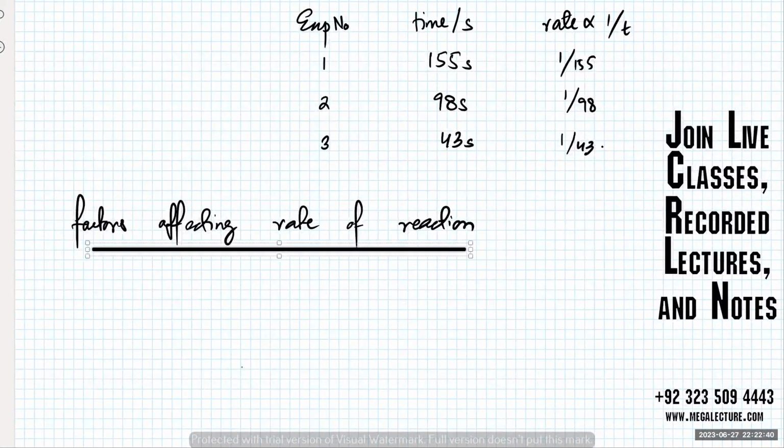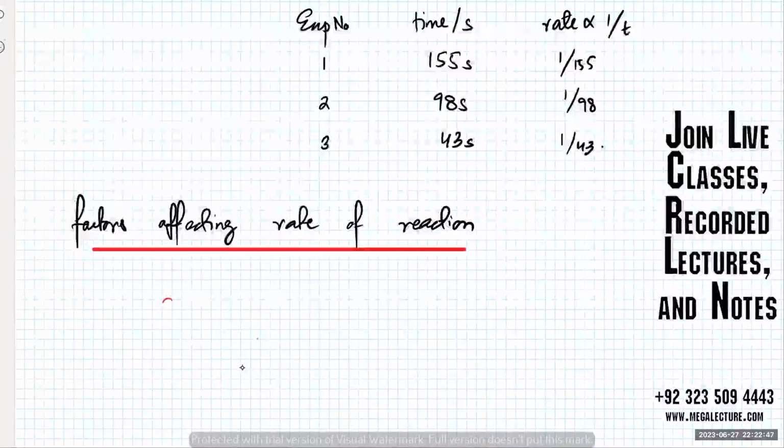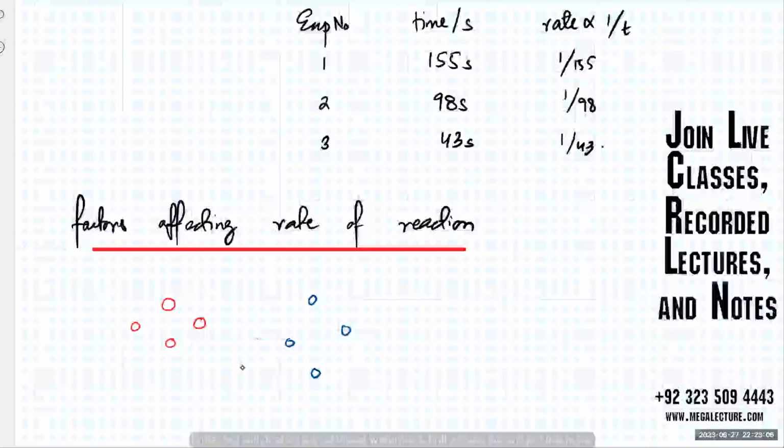There are broadly speaking five factors. The rate of reaction is affected by two things. You have these particles and you have these other particles. It's all up to the collisions of the particles, right?